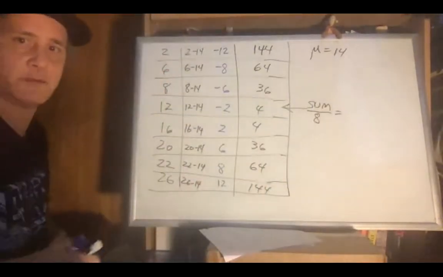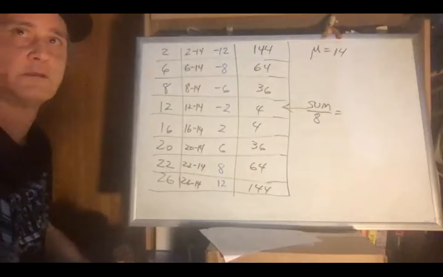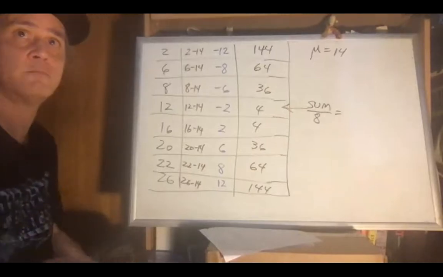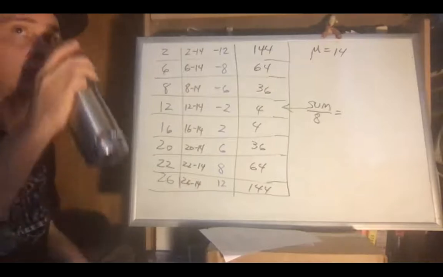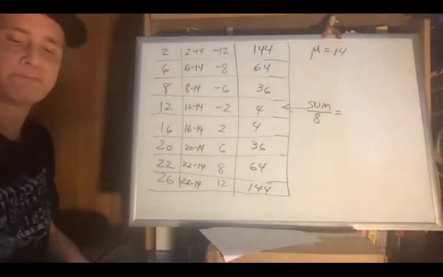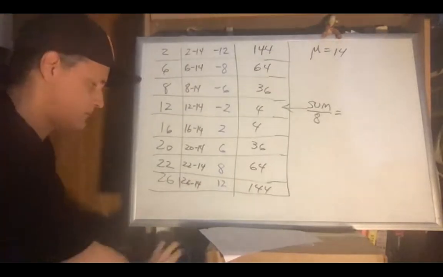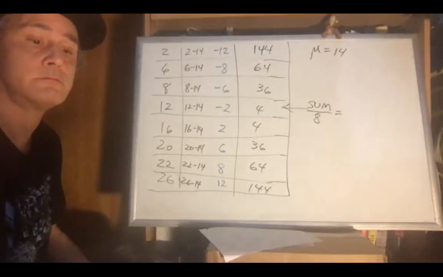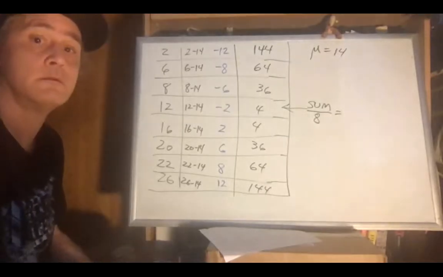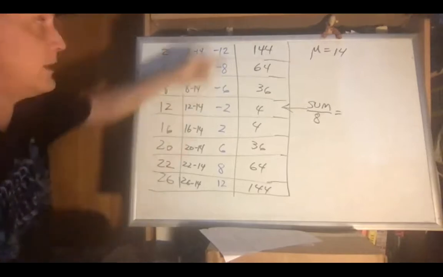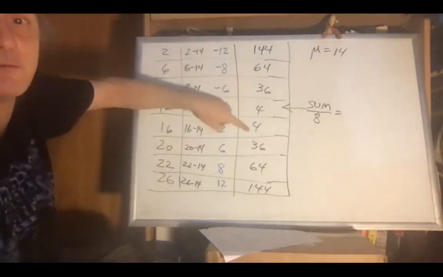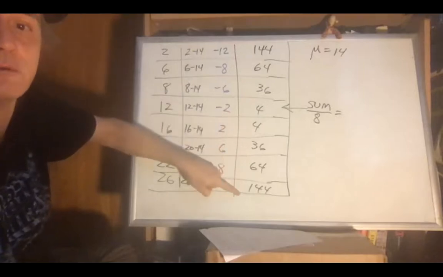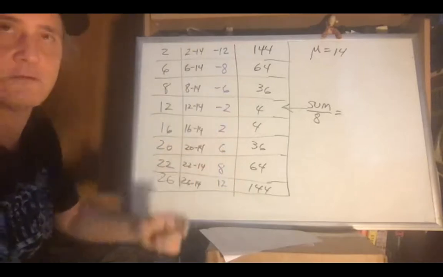Did anybody get that? Anybody get the sum, or anybody get the sum and then divided by 8? Okay, so you're adding 144, 64, 36, 4, 4, 36, 64, 128, 144 rather.